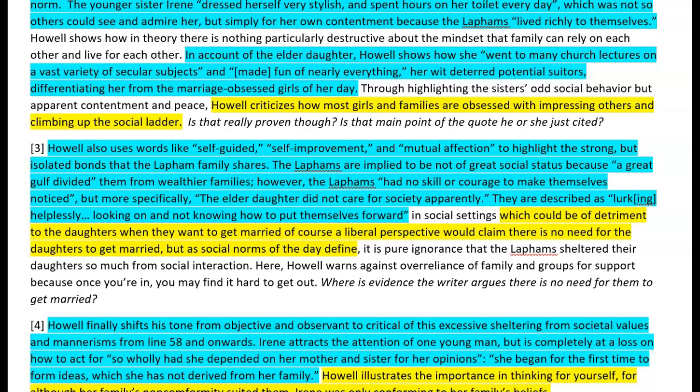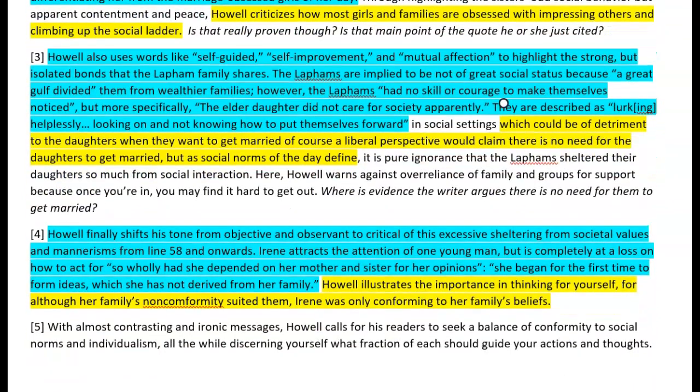If you go back and look at the actual text and what it says, there's nothing in there critiquing the idea that girls are going to get married. This is something this kid brought into the room with them from some other text and tried to force onto this text. So the last comment with this essay that you're looking at is Howell does stress the importance of thinking for yourself.